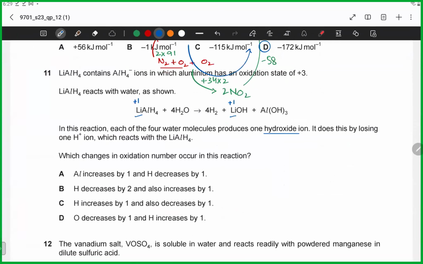Doesn't H also decrease by 1 because then it becomes H2? Yes, but does it increase by 1 or decrease by 1? Decrease, because then it becomes 0. 4H2, +1 to 0. Yes, the one in the product is 0. I know this is 0, but I'm asking, does it increase by 1 or decrease by 1?